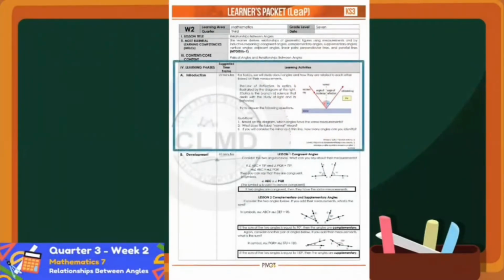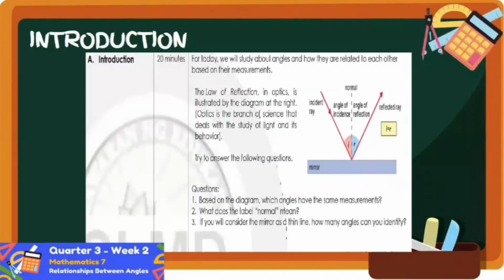This is the learner's packet for this week. For today, we will study about angles and how they are related to each other based on their measurements.